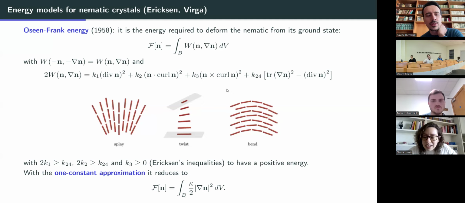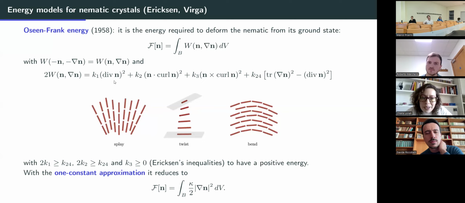Okay, so I think that when you have smectic crystals or other types of crystals, you have basically different phenomena, such as this one. So I think the Frank energy can be changed, taking into account the basic deformations that, for example, smectic crystals can undergo. So I think it's an analogue of this energy with maybe not K4, so just some terms of this energy.